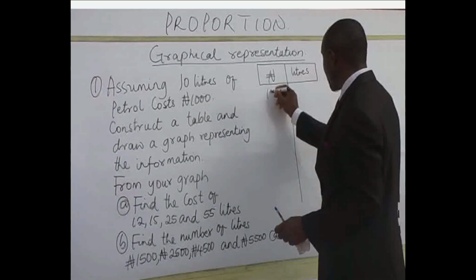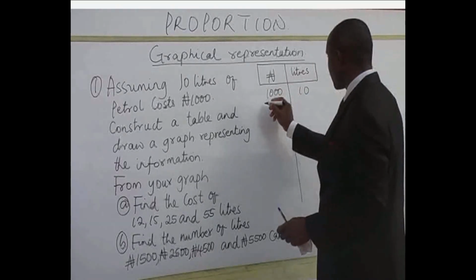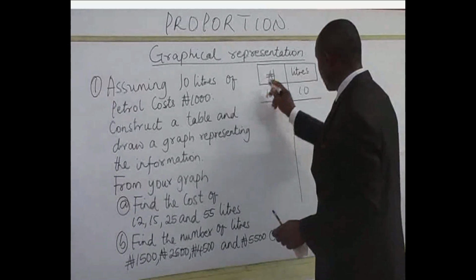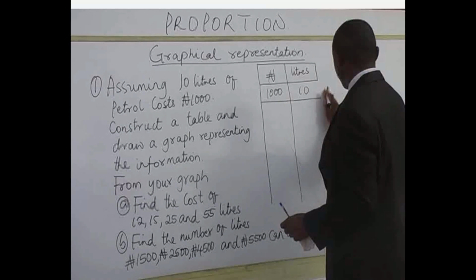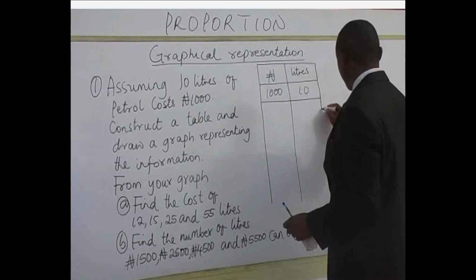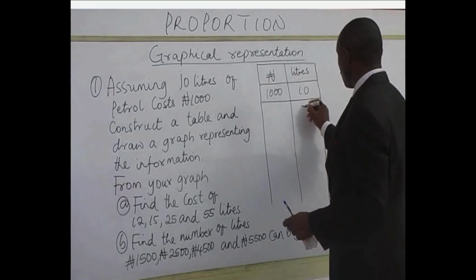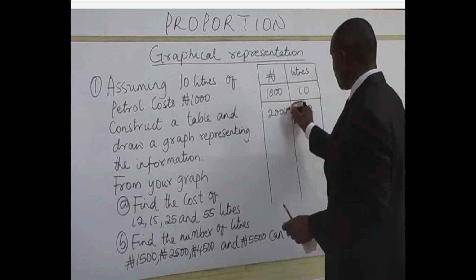So 10 liters can buy 1,000. That means 20 liters can buy 2,000. It's a very simple table.